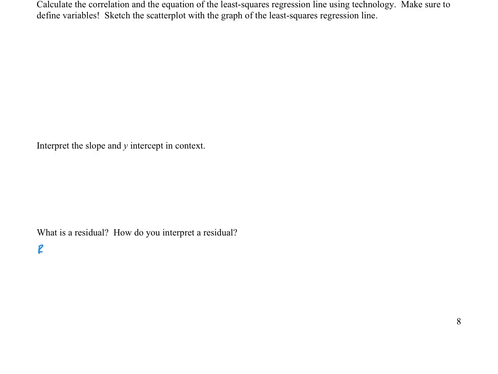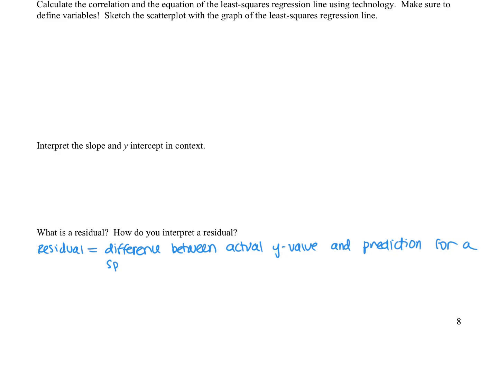A residual is the difference between the actual y value and the prediction for a specific x value.